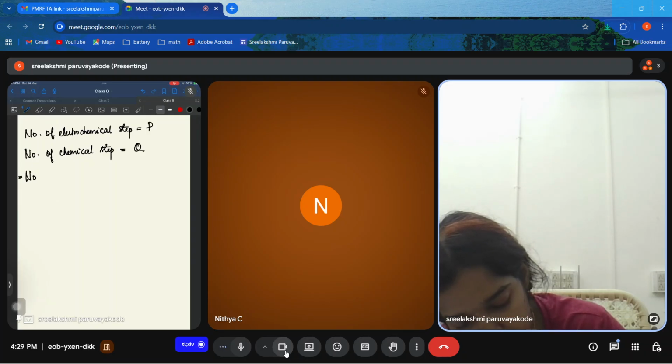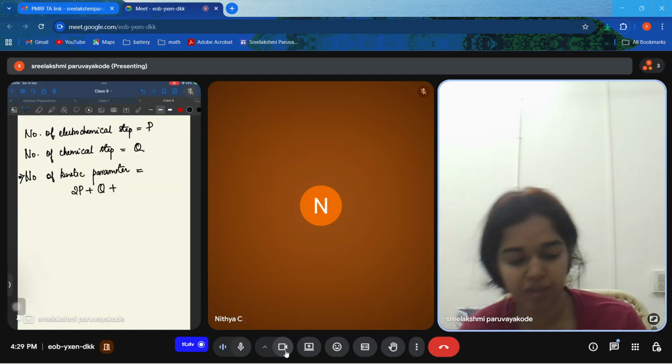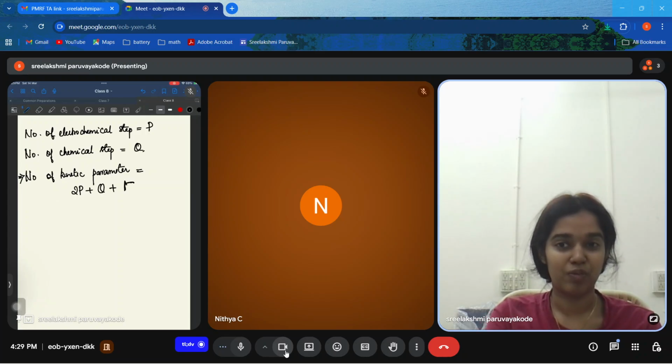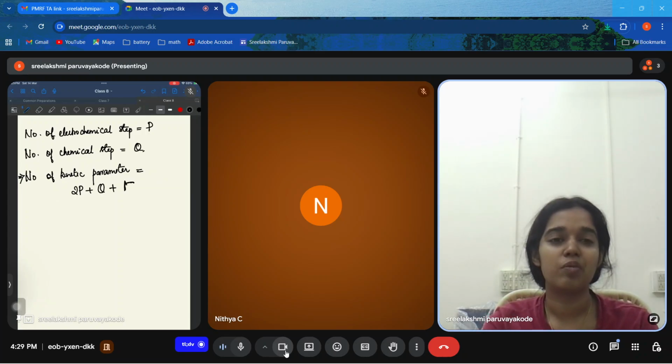So in that case, the number of kinetic parameters will be 2P plus Q plus, don't forget, gamma. Gamma stays out. Gamma is like, if you have an adsorbed intermediate, you will have the fractional coverage. So you need to know.